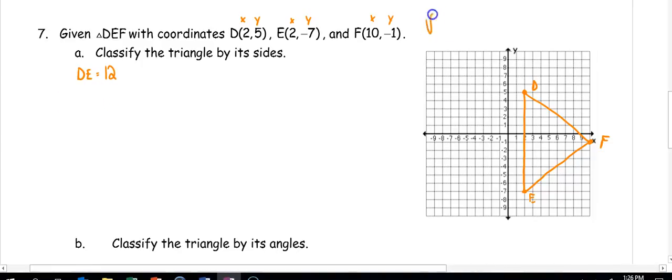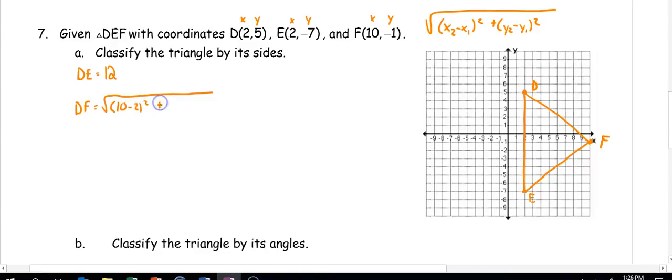So remember that the distance formula is the square root of x2 minus x1 squared plus y2 minus y1 squared. The first side I'm going to find is EF. So square root, I'm going to subtract my x coordinates. F is 10 for an x coordinate and E is 2 for the x coordinate. So 10 minus 2 squared plus the y coordinates, which are -1 and -7.